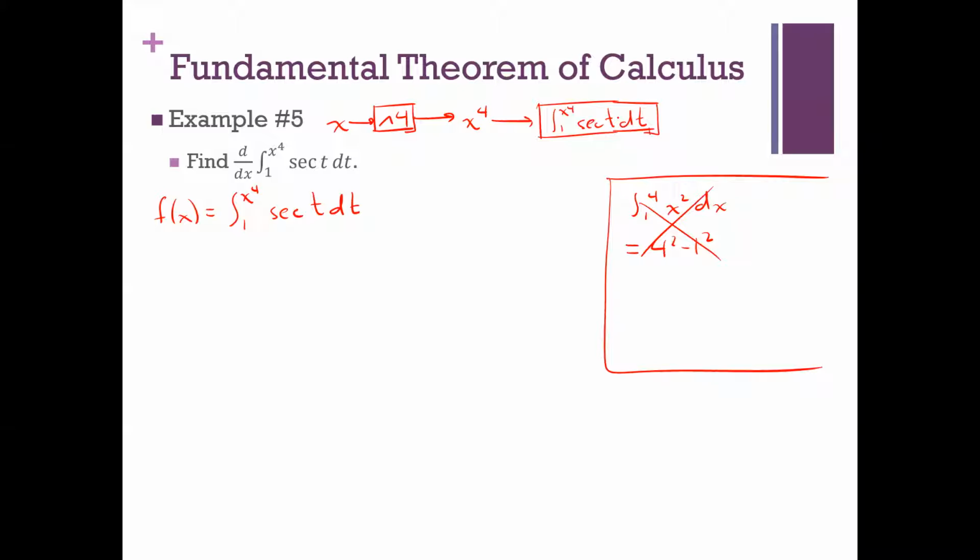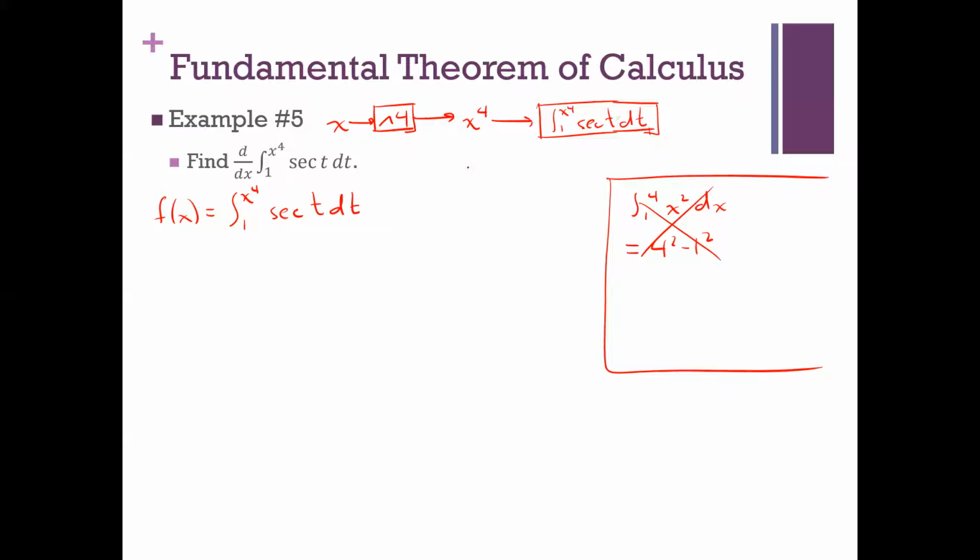Let's stop there for a second. Are we okay with the fact that x is raised to the 4th power, and then we integrate secant with a fixed lower limit 1 and the variable upper limit x to the 4th?